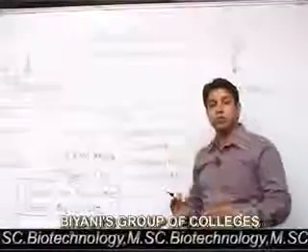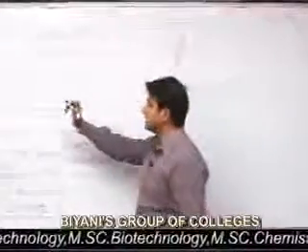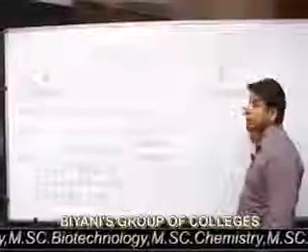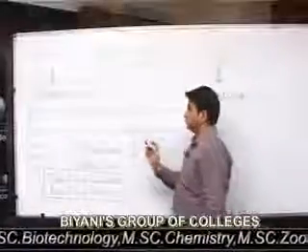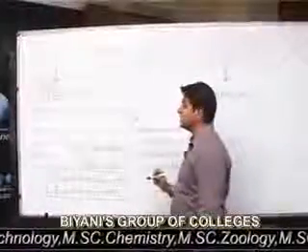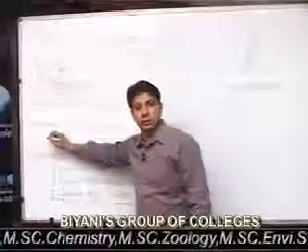Generally, the accountancy rules are divided into two parts. One is personal and second is impersonal. Here, the word personal comes from person. The personal rule is further divided into three parts. One is natural.